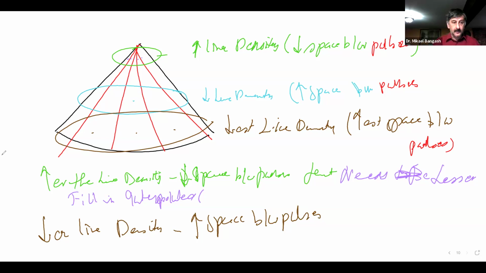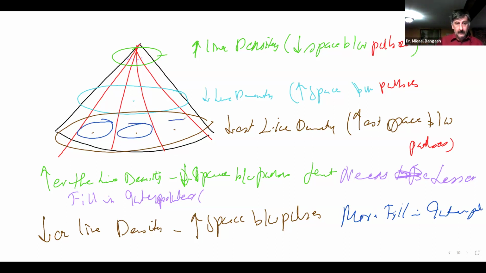In that case, we will need more built-in interpolation, because here there's a greater area between your pulses.